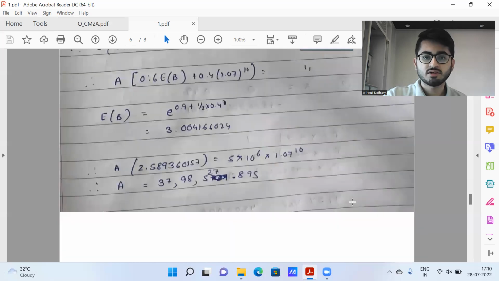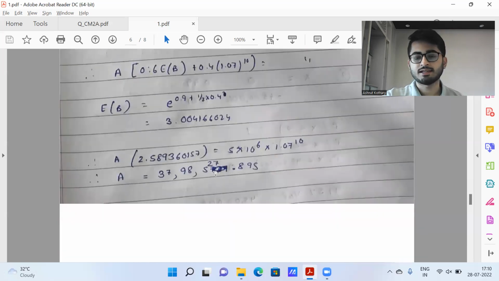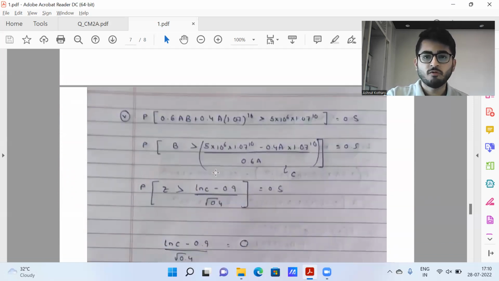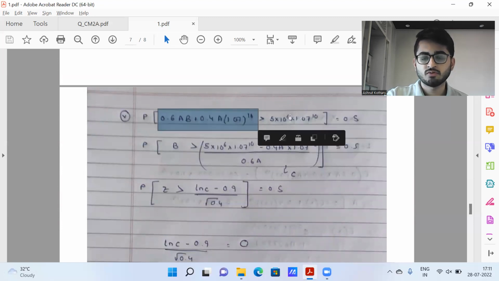On solving this further, you'll get A as 37,98,527.895. Rounding off to the nearest integer, it shall be 37,98,528.